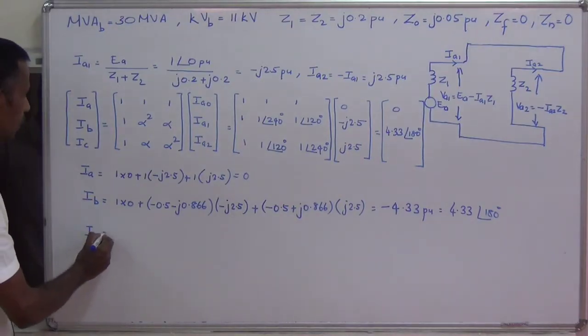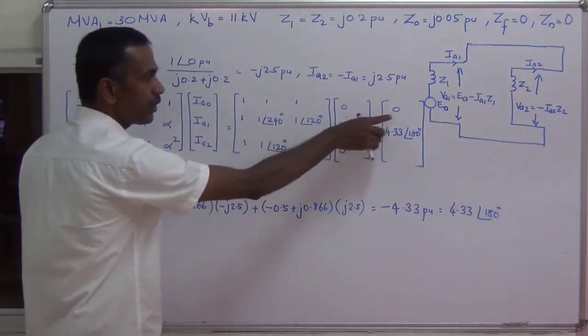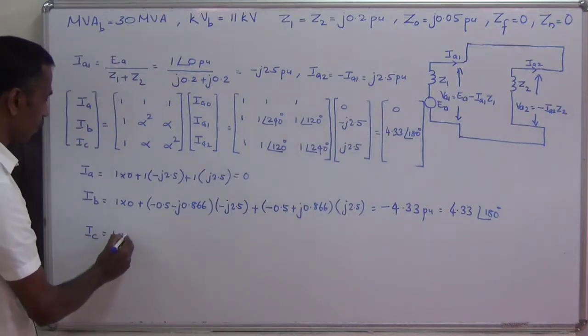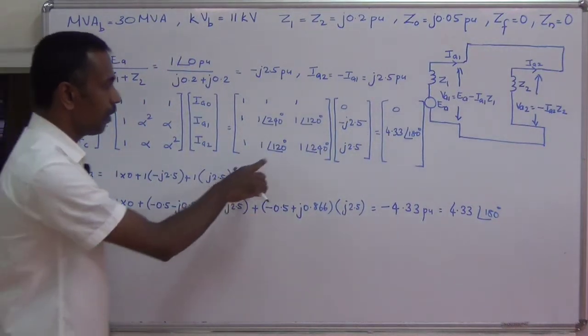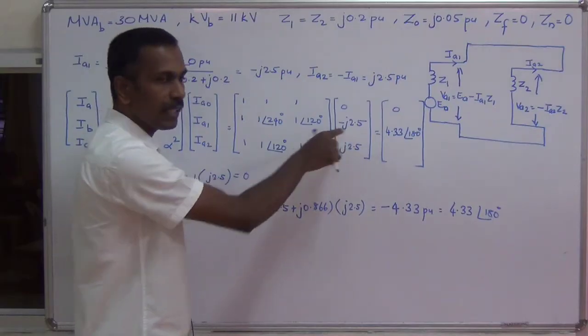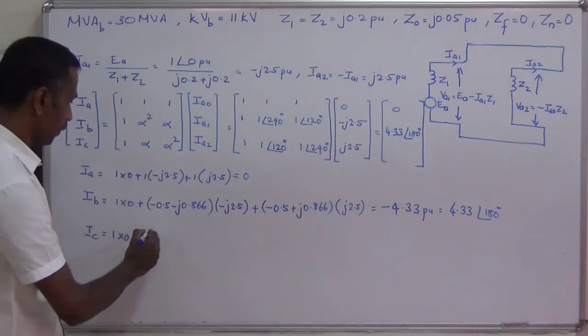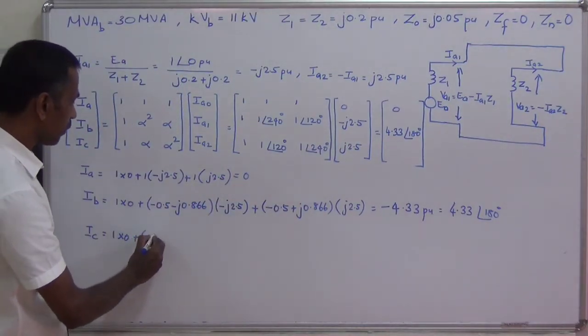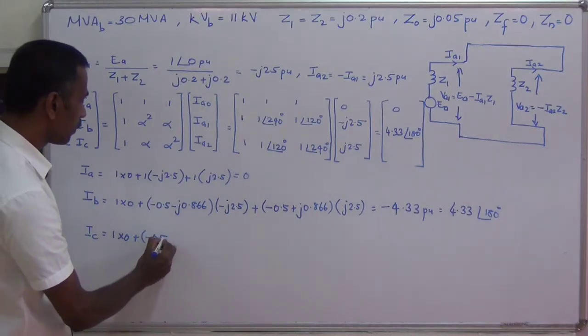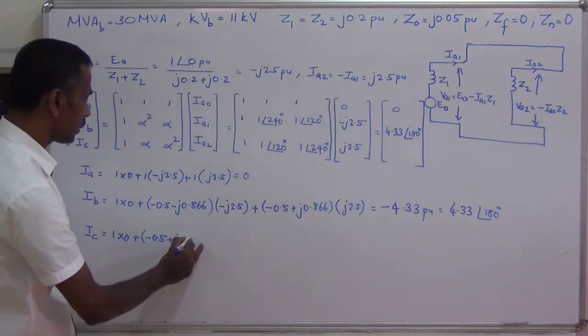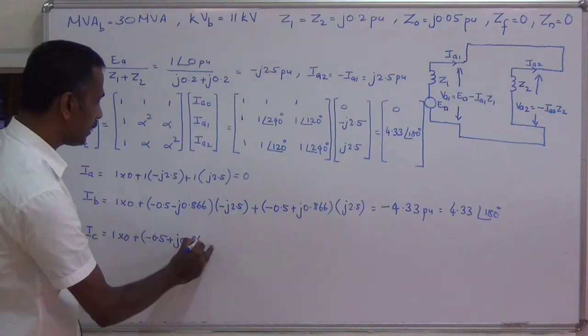Now let's find out the phase current IC. IC is equal to 1 into 0 plus 1 angle 120 into minus j 2.5. 1 angle 120 equals minus 0.5 plus j 0.866.